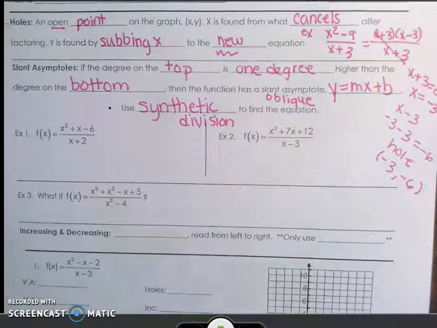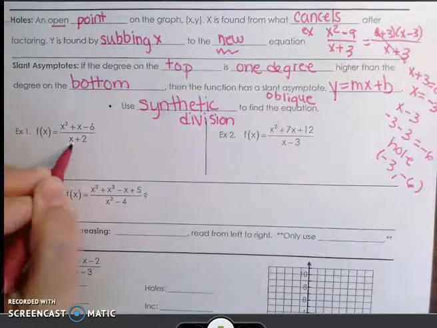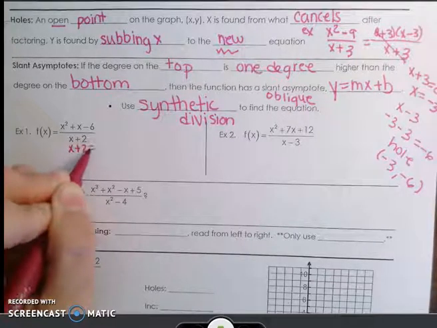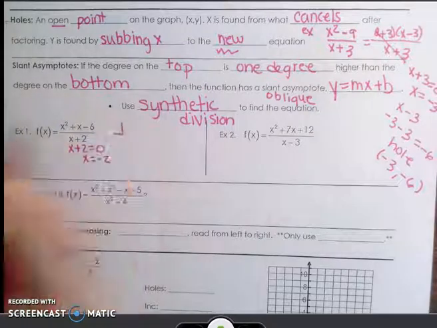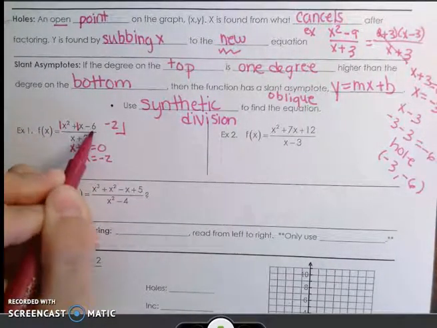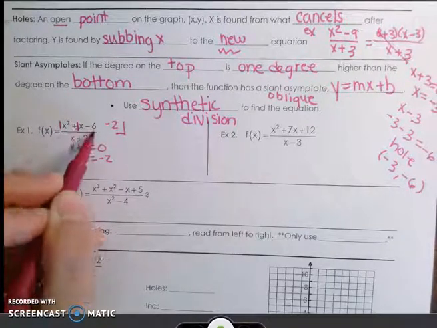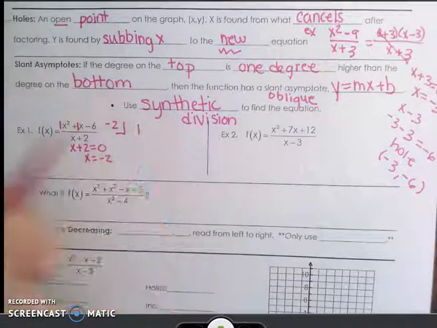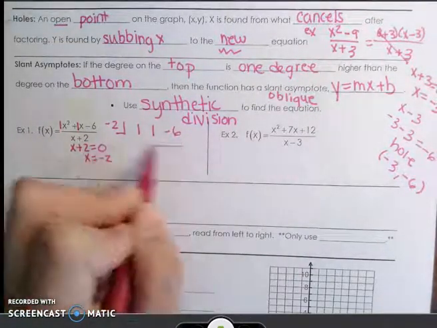All right, so we have two examples we're going to go through real quick. On the first one, if you're doing synthetic division, remember you set the denominator equal to 0 and solve, and that gives you the part that goes in your little box. And then you take the coefficient of each one of these, so you just take the number out front and then the constant on the end. So I have 1, positive 1, and a negative 6.